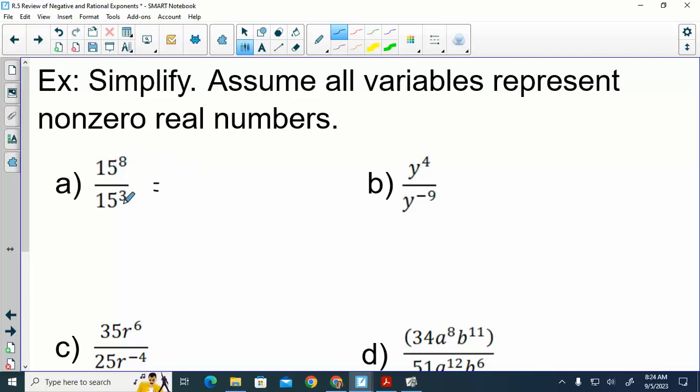But you notice we have the same base of 15 on both top and bottom. So rules of exponents, what can I do with those exponents? And 8 minus 3 is 5. Do 15 to the 5th for me. Grab a calculator. I'm sure you can't do that one in your head.